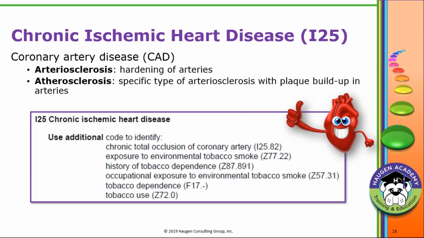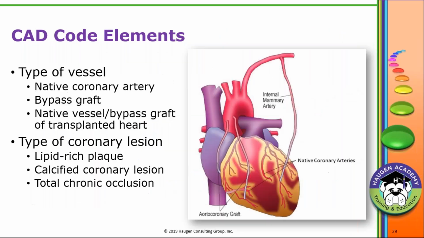Atherosclerosis includes that plaque buildup, but they all code to category I-25 in ICD-10. The beginning of this code category does have that note about tobacco use and exposure, so make sure you're adding those codes if you've got that documentation. The elements to coding CAD, and it's easier to spell and say CAD than arteriosclerosis or atherosclerosis, so that's what we got.